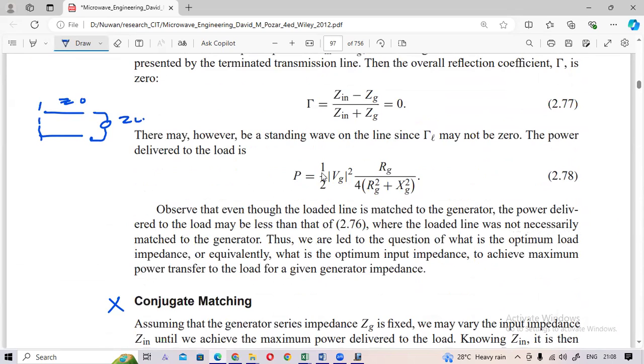You can calculate this Z in using the transmission line impedance equation. Tell me what happened if Z naught is equal to ZL. What is the Z in value? Quickly calculate and tell me, Randima.